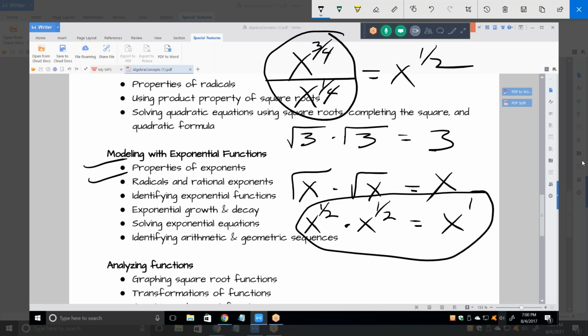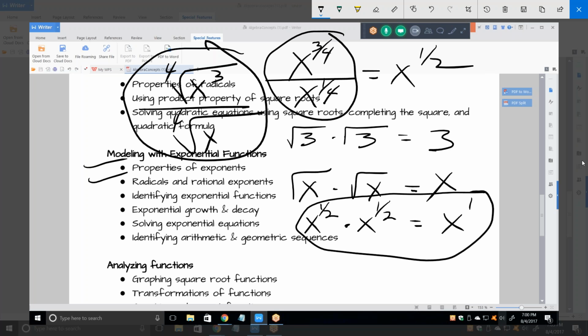Because otherwise I would have to write that as the 4th root of x cubed, that's the numerator, divided by the 4th root of x. In other words, that is the same as that. But it's so much easier to deal with if you have the fractional exponents, because you can subtract them if you're dividing, and you can add them if you're multiplying. All right.